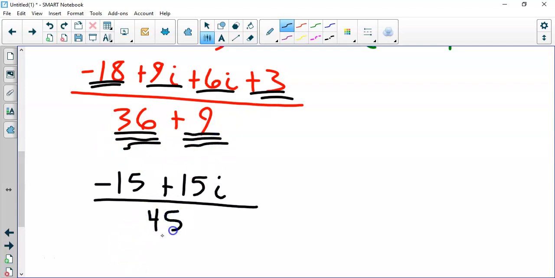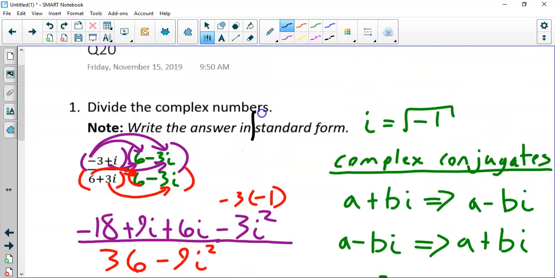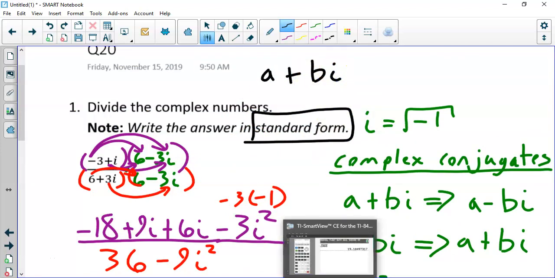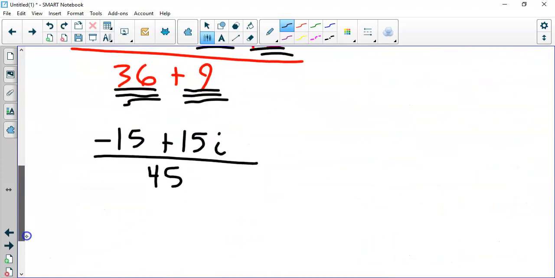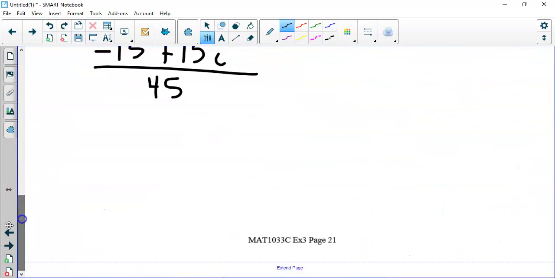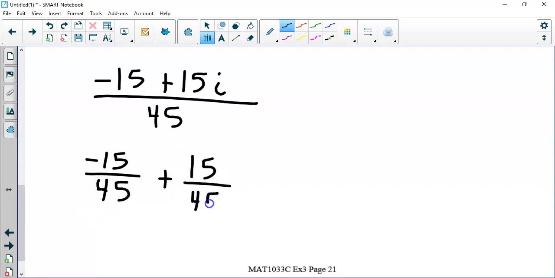45. Now, to get to your final answer, they want it written in standard form. Standard form looks like a plus bi. So they want you to separate these out into the two fractions they are and reduce. So they want you to have negative 15 over 45 plus 15 over 45i.